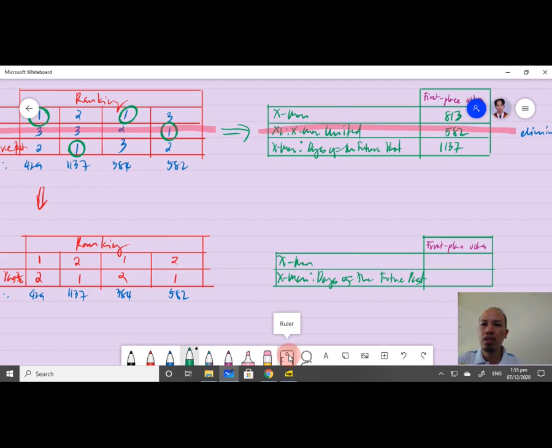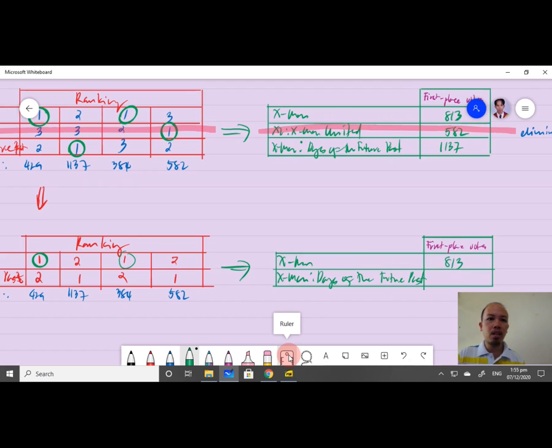For X-Men, we have 1, so 429 and 384, I guess this is 813.